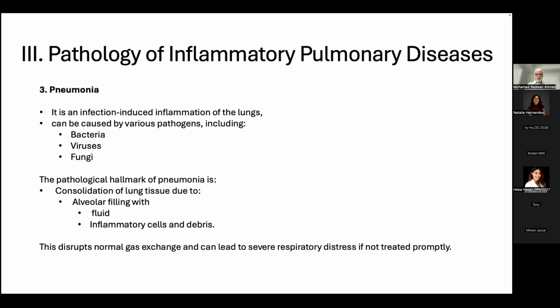And as we said, inflammation is characterized by dilution of that irritant. So we will have fluid. That fluid is going to go inside the alveoli because you have the microbe or the organisms inside the alveoli. So the fluid seeps from the blood vessels into the alveoli and blocks them, and that causes consolidation of that lung. Normally the lung contains air in the alveoli.